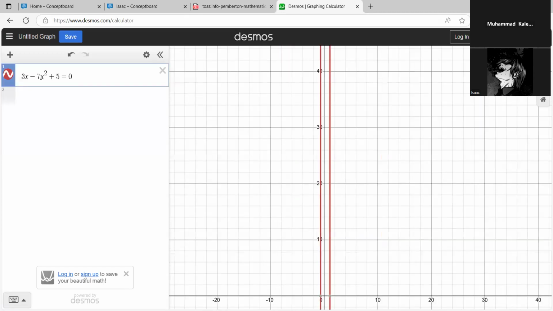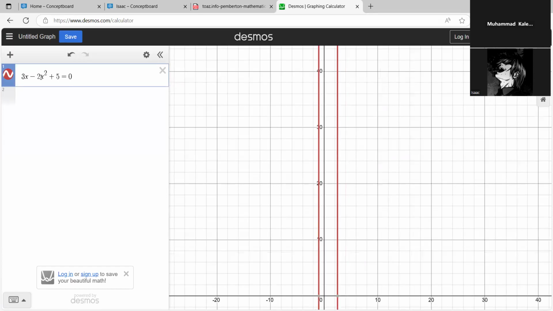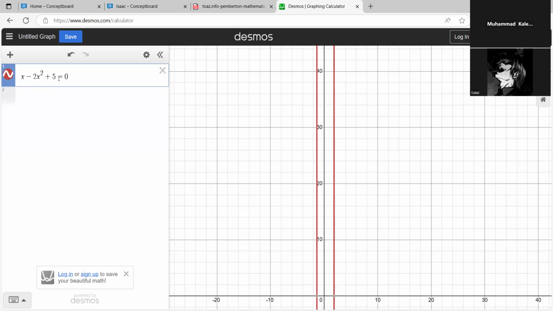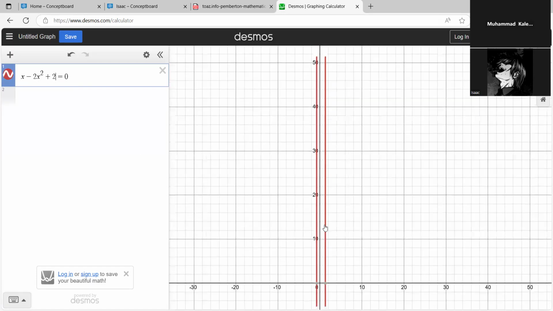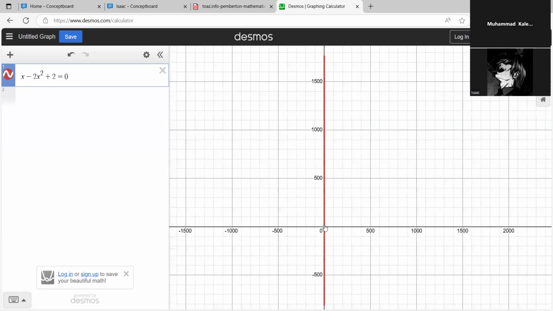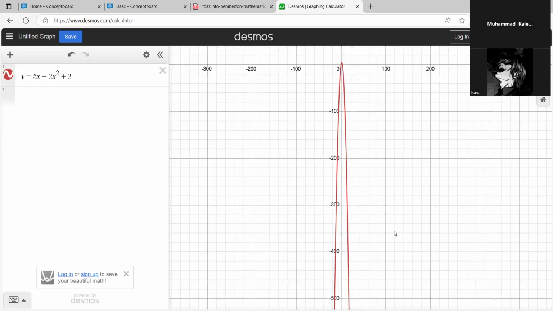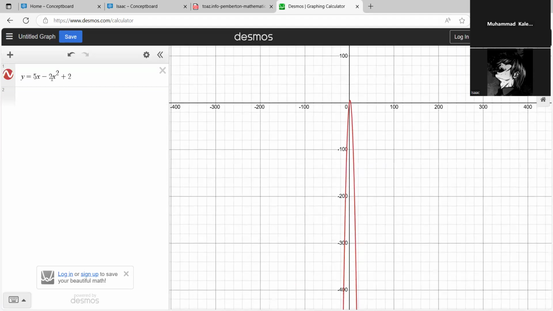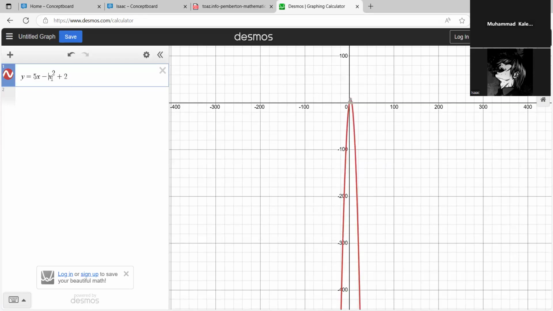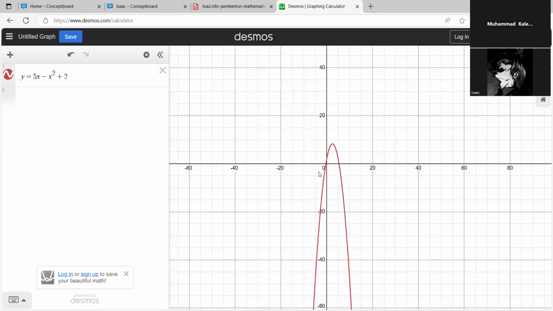Let's take here negative 2 and here 1. Okay, its graph is like this, you can see. It's a parabola downward.